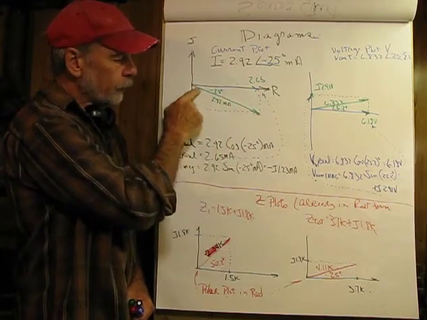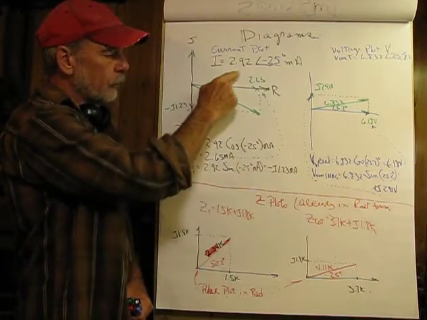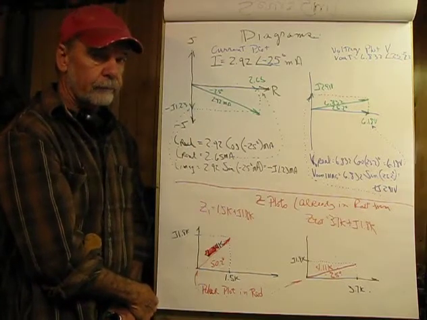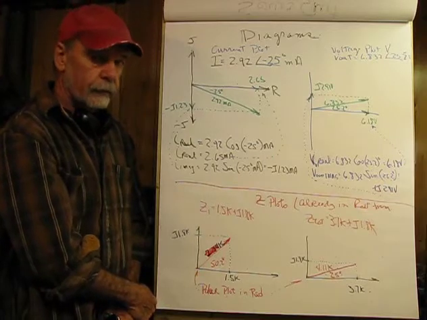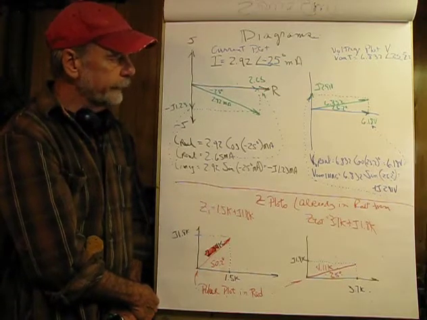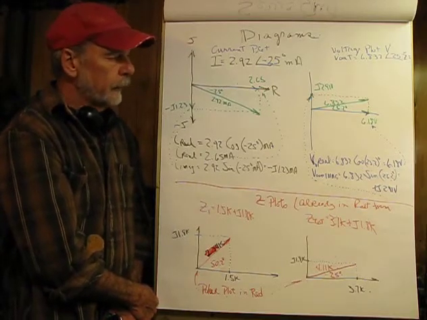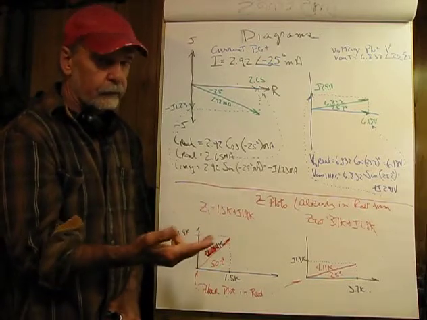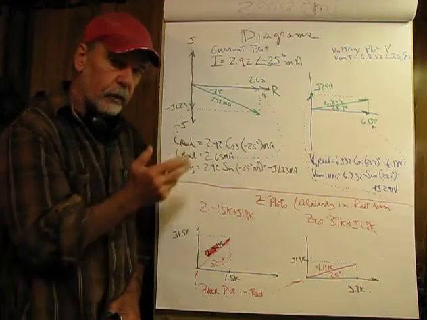So this will be our current phasor, which would be the 2.92 milliamperes, and the angle in here is negative 25 degrees. And do note that the current is in quadrant 4. Okay, so when you're plotting, just don't guess at it. Actually break it down into rectangular form and do it right. Cosine will give you the real, sine will give you imaginary. That's true whether you're dealing with inductive or capacitive circuits.